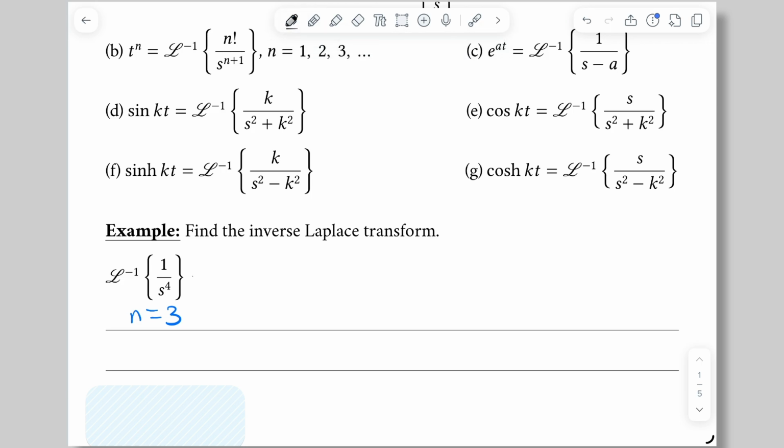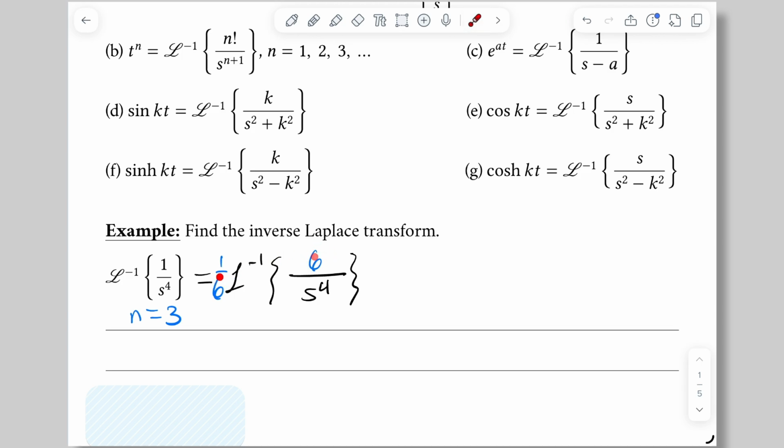Therefore, we can rewrite this transform as the inverse transform of a denominator of s to the fourth. And folks, we need an n factorial in the numerator. 3 factorial is, of course, 6. And so what I'm going to do is multiply and divide by 6. And it should bring to mind integrating using the substitution rule.